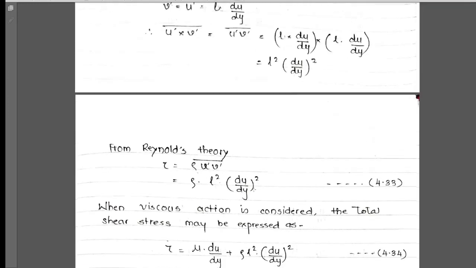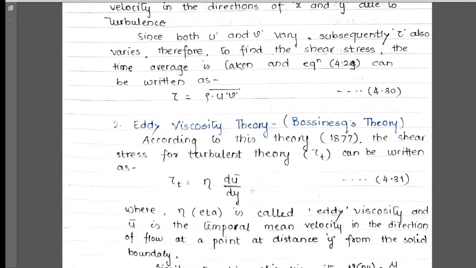So these three theories are used to determine the shear stress acting in turbulent flow. First one was the Reynolds theory. The expression for the shear stress was given as tau is equal to rho into u dash into v dash bar.